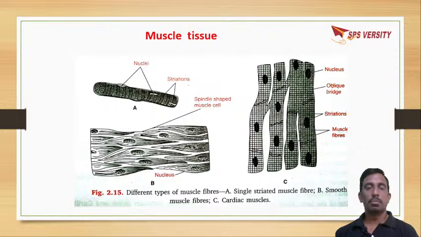Next, when you come to muscular tissue, which is made up of muscles, there are 3 types of muscles. The first type you see here is striated muscles.